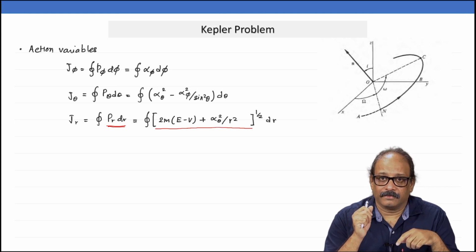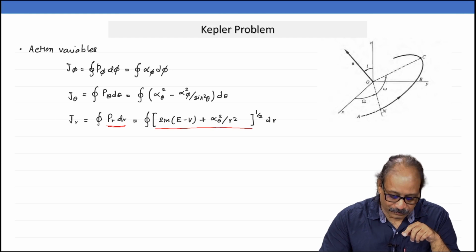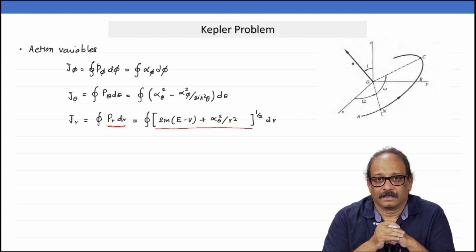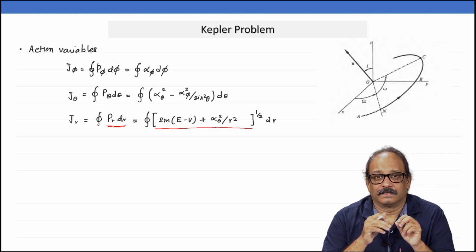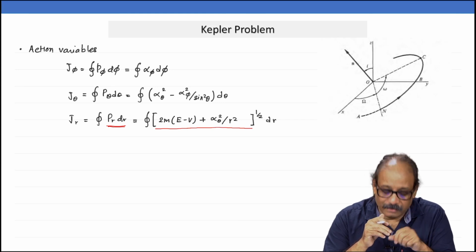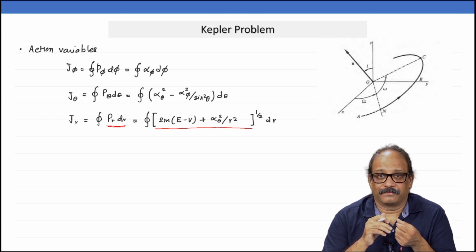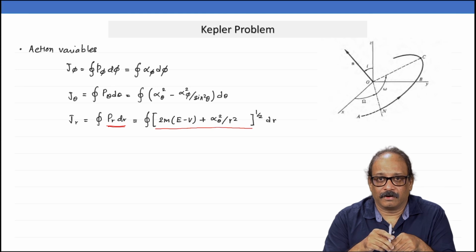Alpha theta, if you now compare this expression for p r, what is alpha theta? Oh, that would just be the magnitude of the total angular momentum. And what would be alpha phi? Alpha phi would be the component of the angular momentum which is along the z axis.